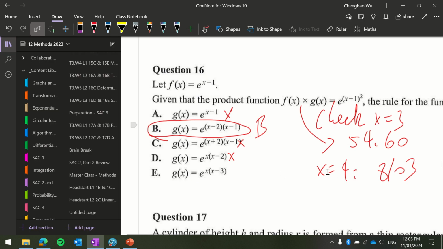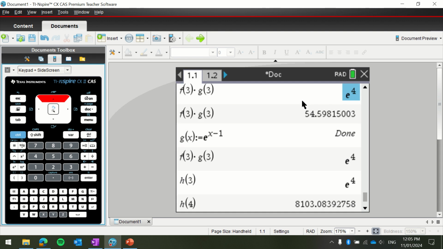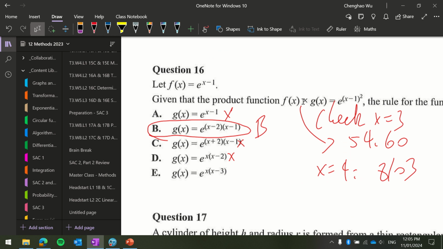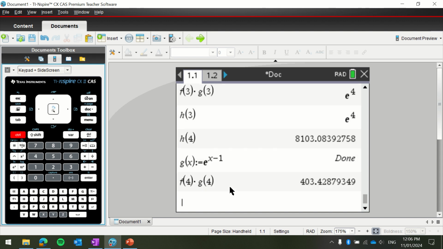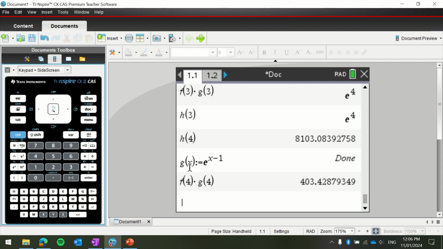When I tried 3, it didn't work. So then I tried x equals 4. The right-hand side when x equals 4 should give me this number, 8,103.